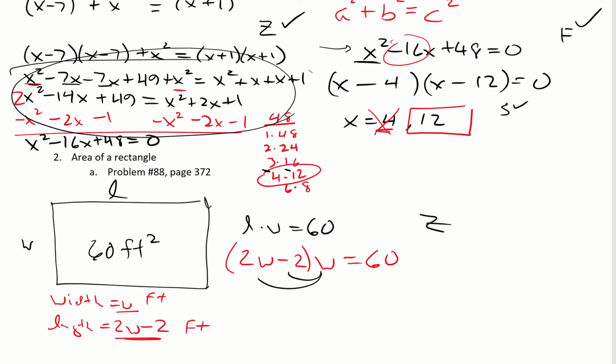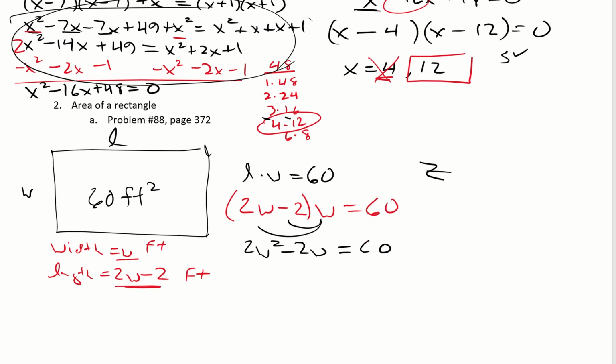So we're going to do the same thing. It's going to be 2W squared minus 2W is 60. Okay? Well, we're still working on getting 0, so why don't we subtract 60, subtract 60. Okay. So we get 2W squared minus 2W minus 60 is 0.